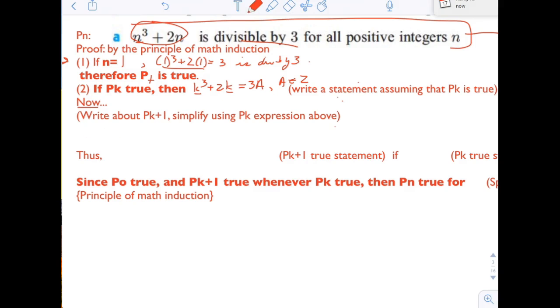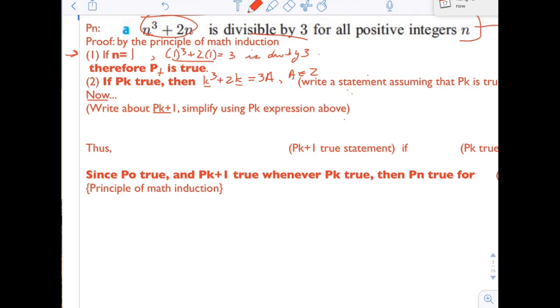Now we're going to go to the step case. So the step case, well, we were in the step case already. But now we're going to do the K plus 1 case. So the way we do the K plus 1 case is we put K plus 1 into this equation. So we're going to have K plus 1 cubed plus 2 times K plus 1.